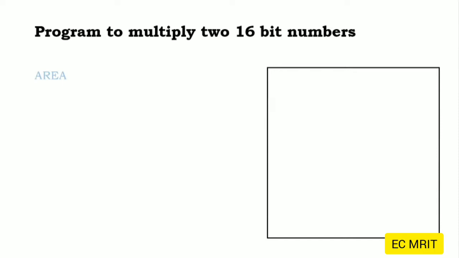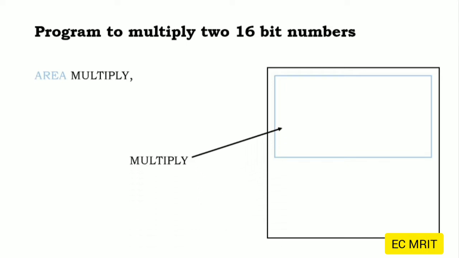In that memory, we are taking some part and making it a memory area. We'll give a name for that area as multiply. We can give any name, but here we are writing a multiplication program, that's why I will give the name multiply.